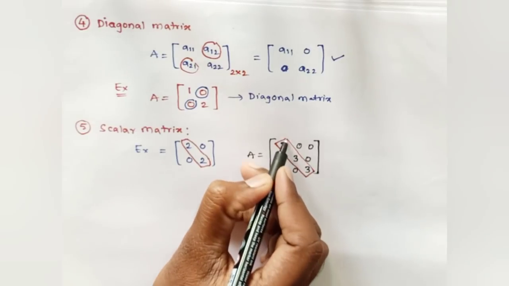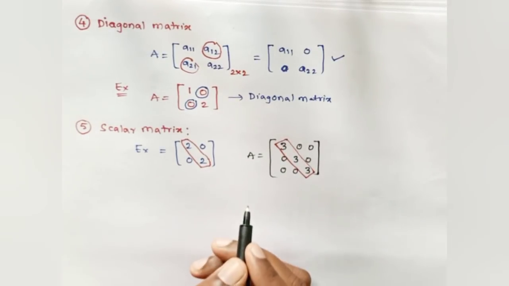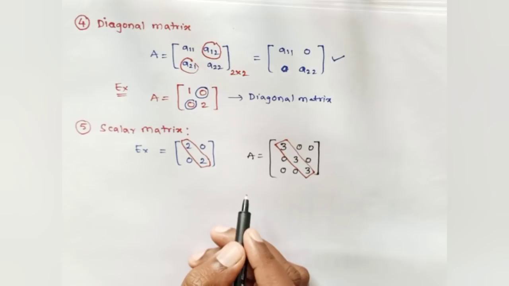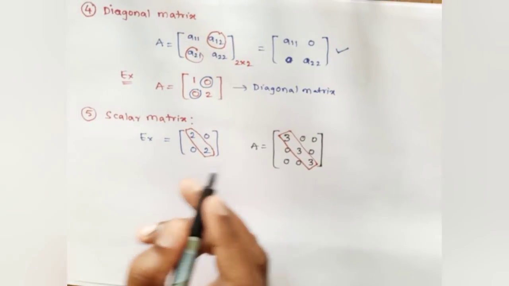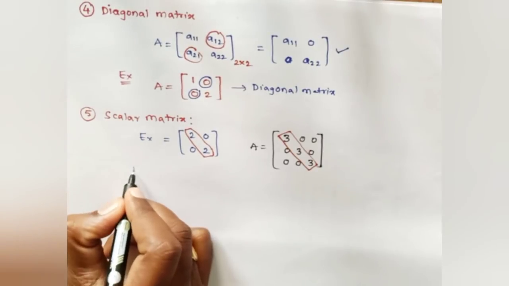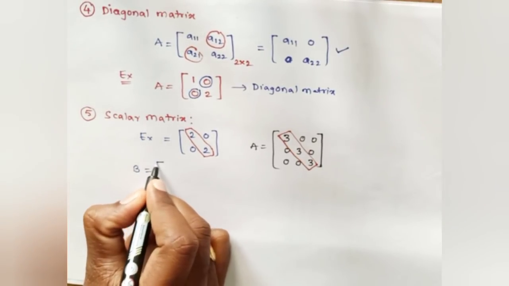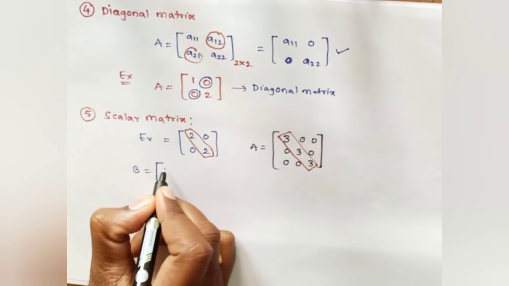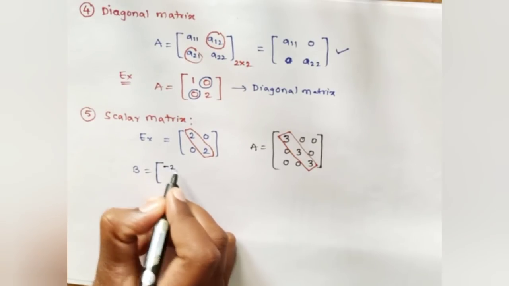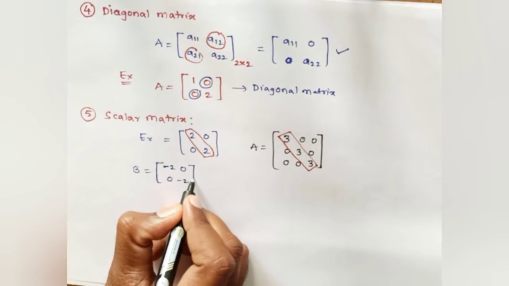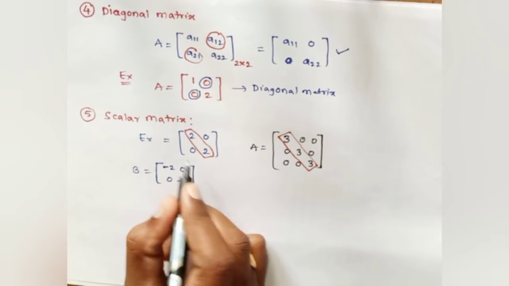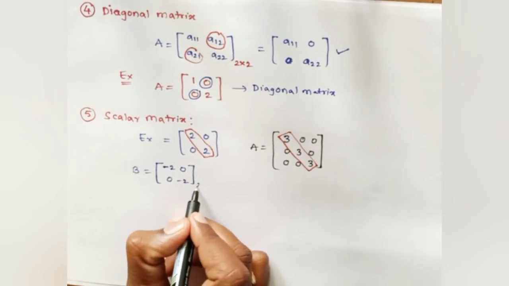So therefore we say that the matrix A is a scalar matrix. And B is equal to, let it be, -2, 0, 0, -2. It is also a scalar matrix of order 2.